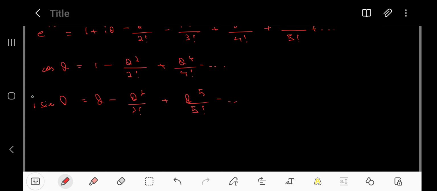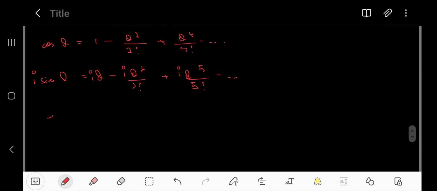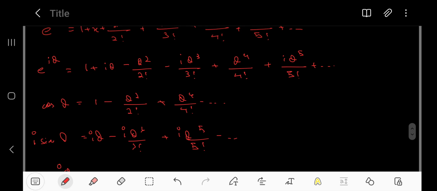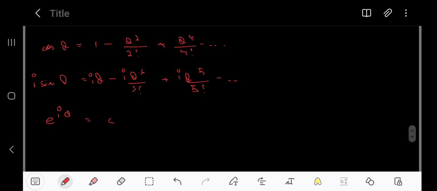So if I multiply just i with this, here is an i, here is an i, and so on. Now notice that in e to the power i theta, you have cos theta terms here, 1, 2, 3 and so on, and you have sin theta terms here, 1, 2, 3 and so on. So e to the power i theta is nothing but cos theta, sorry, plus i sine theta.